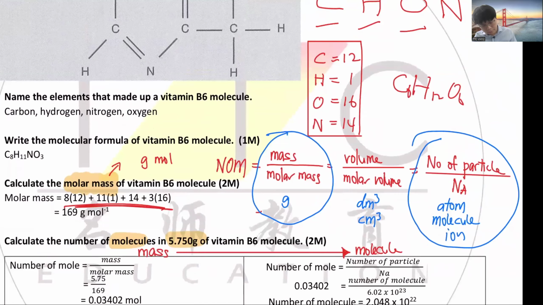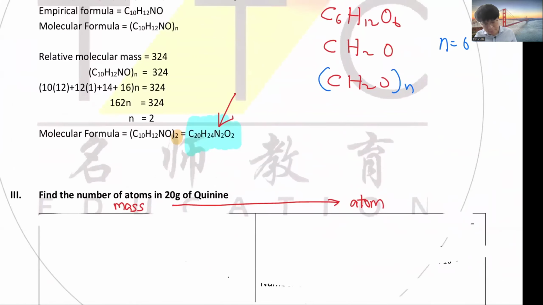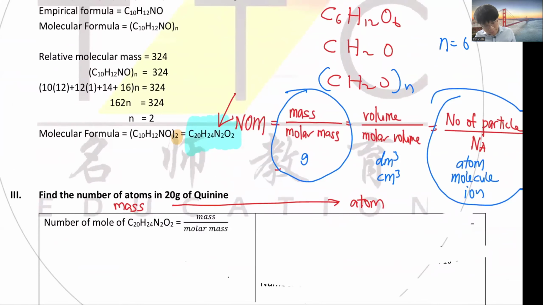This formula we use again, same, but this time it is atom. So same, you put in the number first. So 20 gram. The molar mass is 324.